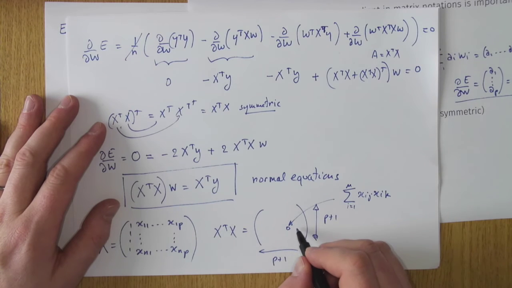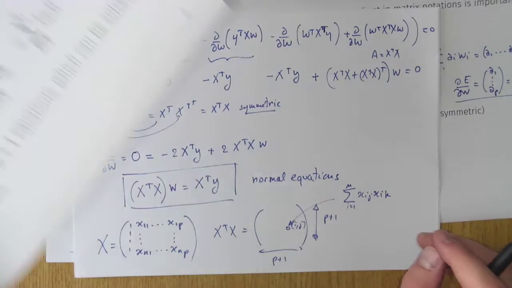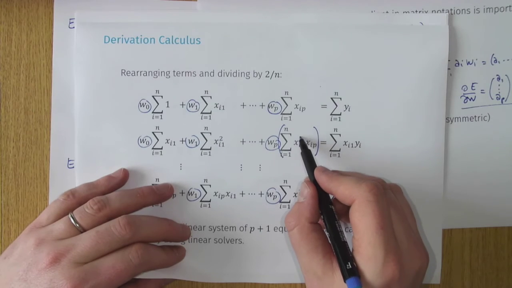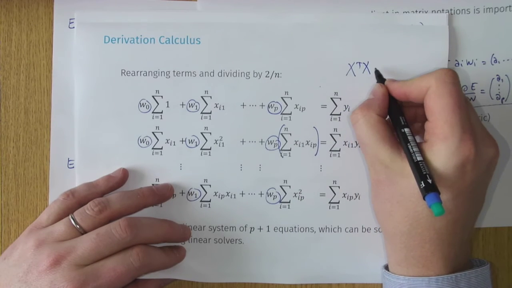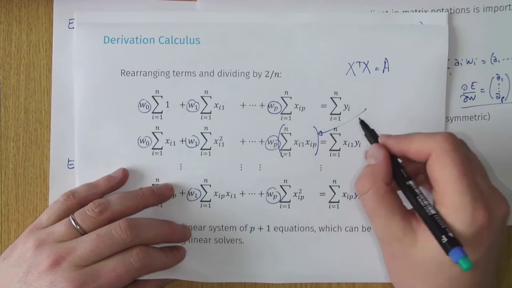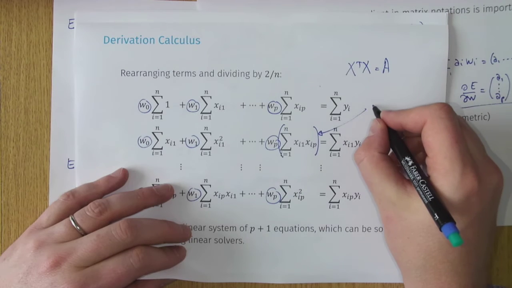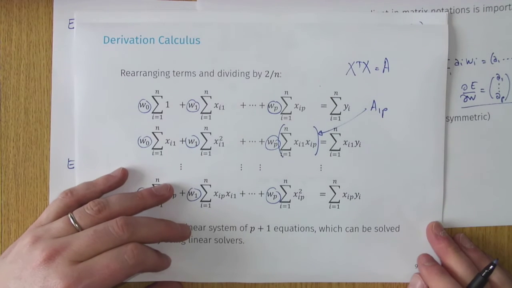So the entry ij has this shape here, and these are the entries of your matrix. So you have X transpose X, that's a matrix. That coefficient here corresponds in this particular instance to a 1p.